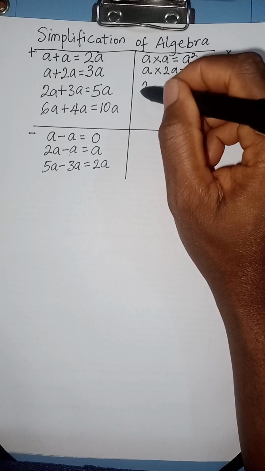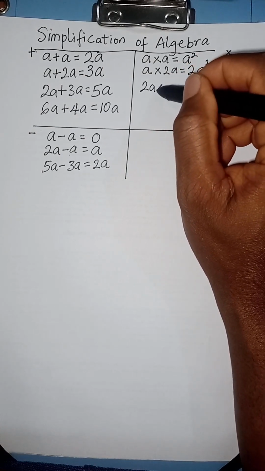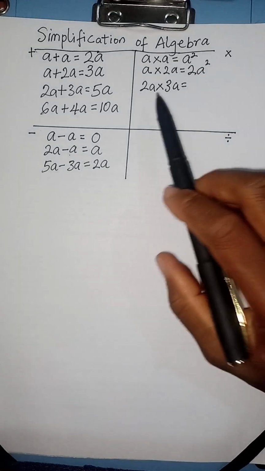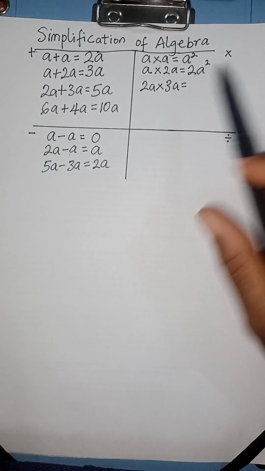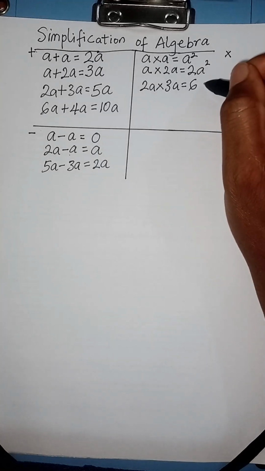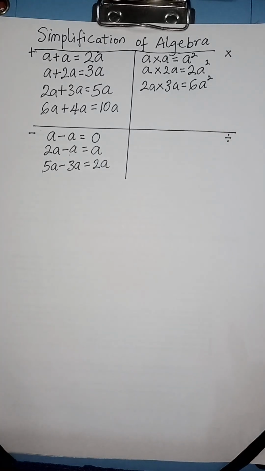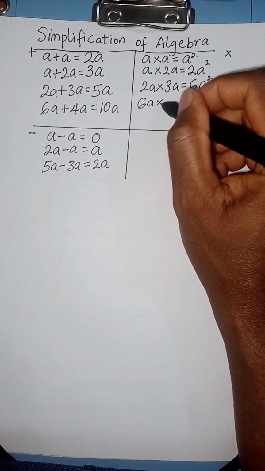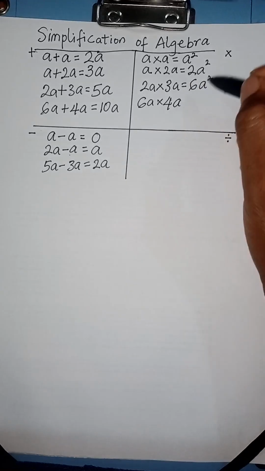Let's look at another example. 2a times 3a. This is 2 times 3, 6. A times a is a squared. Same principle if I have 6a times 4a.